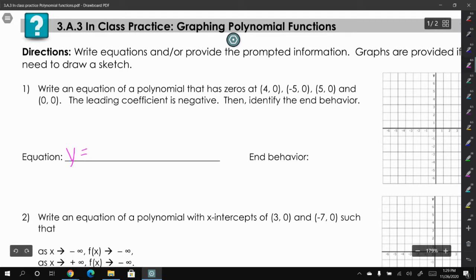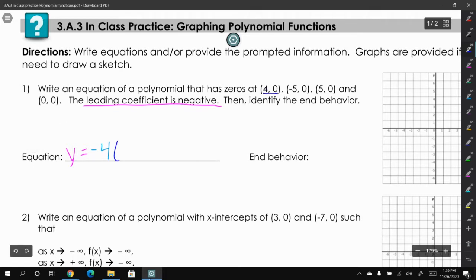So I'm going to have y equals, and we know the leading coefficient must be negative. So let's write that down. It can be any negative number. Let's go negative 4. Now the zeros. You could write them first or you could plot them first. It doesn't matter.